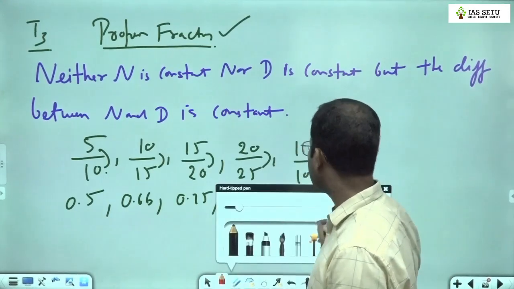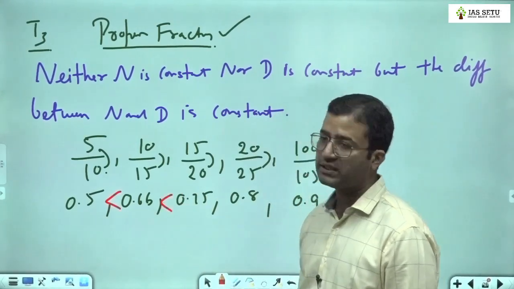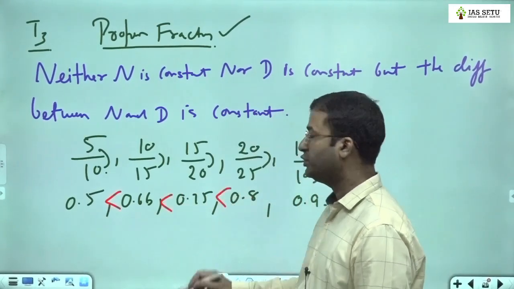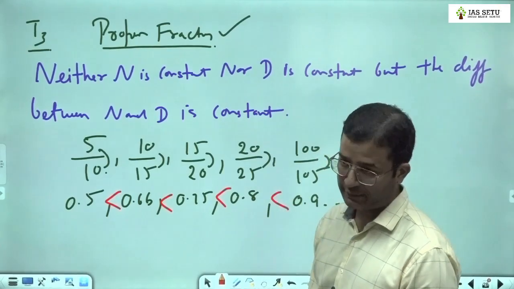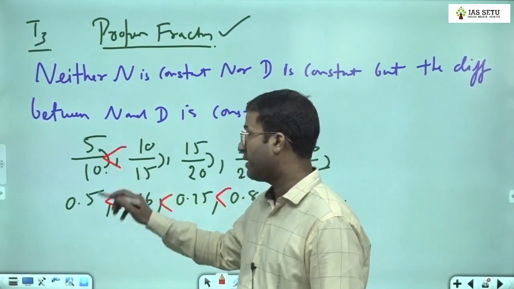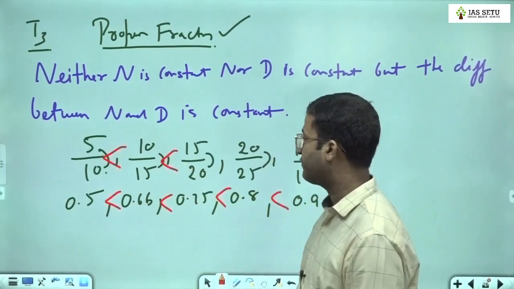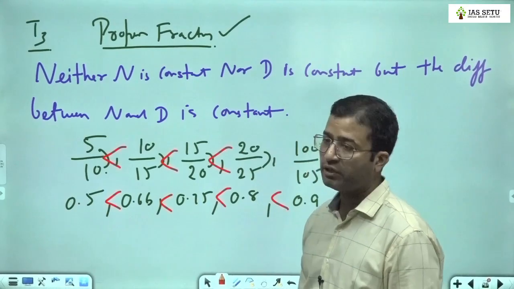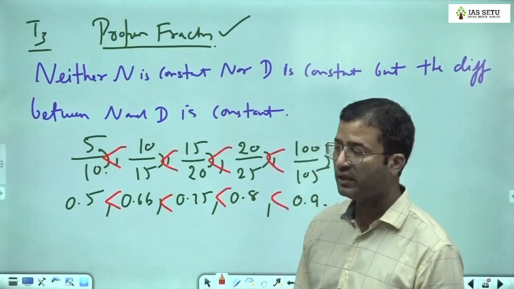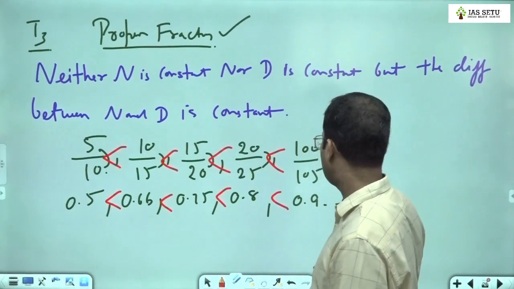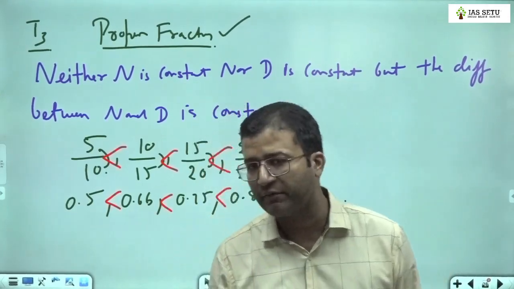So can we say half is less than 0.66, 0.66 is less than 0.75, 0.75 is less than 0.8, which is less than 0.9. So it means 5 by 10 is less than 10 by 15, less than 15 by 20, less than 20 by 25, and less than 100 upon 105. So here it is very simple, same like type 1.